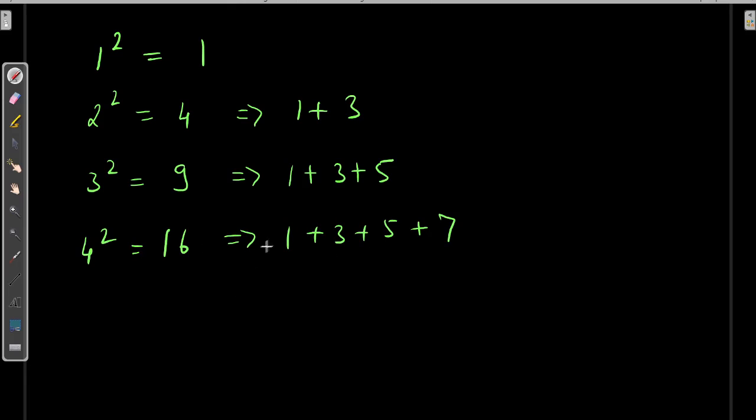So here we see that a number's square is equal to the sum of odd numbers. So the sum of the first n odd numbers is n square. By using this property there are also questions, such as how many odd numbers are added to give 25. Since 25 is the square of 5, 5 odd numbers are added to give 25.